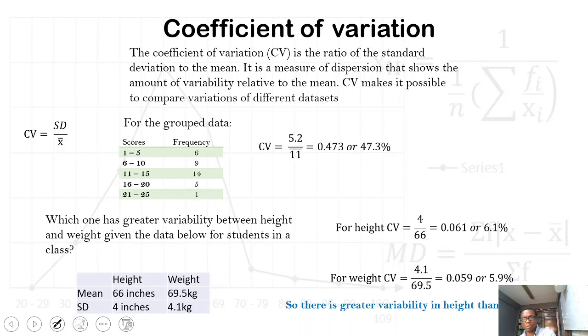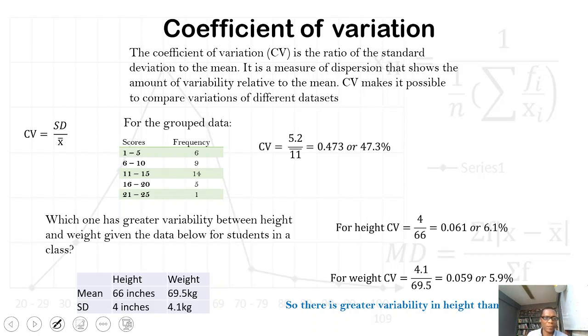So it makes it possible to compare variation in a particular data set with variation in another data set, particularly when the unit of measurement is not the same. Okay, so it's a measure of dispersion that shows the amount of variability relative to the mean. And the coefficient of variation, like I said earlier, makes it possible to compare variations of different data sets.